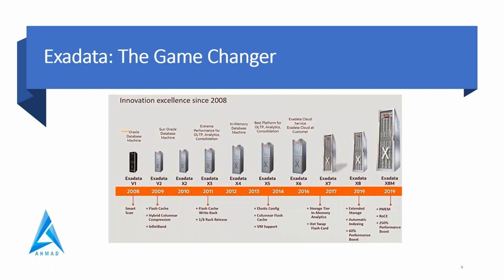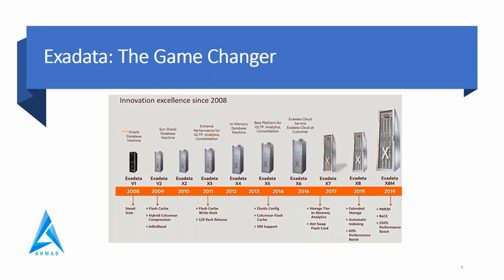Then Exadata X5 came between 2012 and 2013, and its features were elastic configuration, VM support and columnar flash cache. And then Exadata X6 was introduced in 2016, which was basically Exadata Cloud Services and Exadata Cloud at Customer. So that was the starting of Cloud Exadata actually.